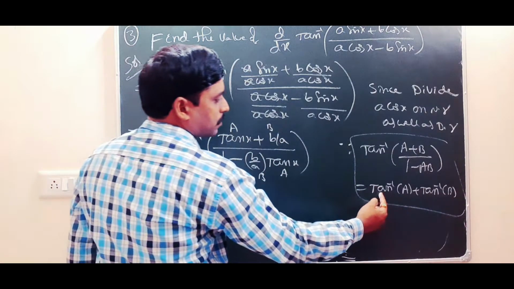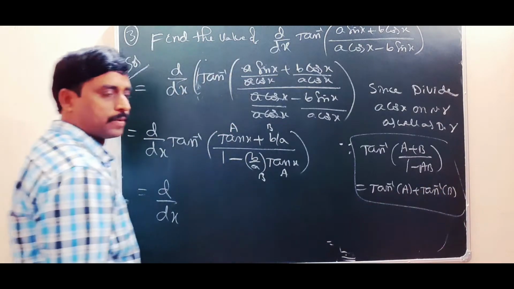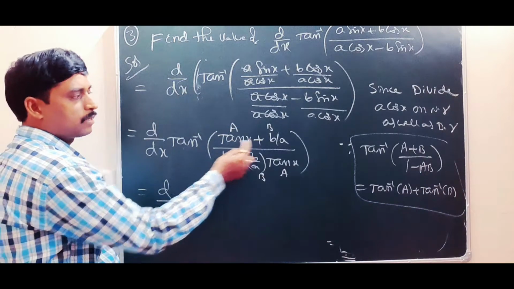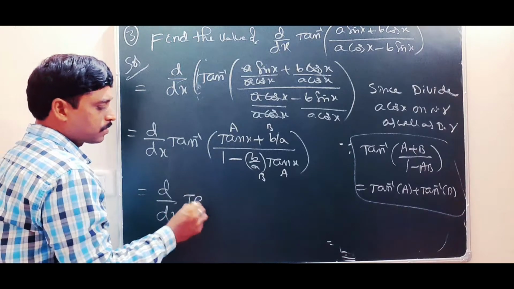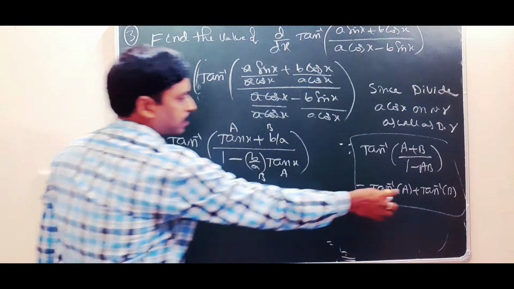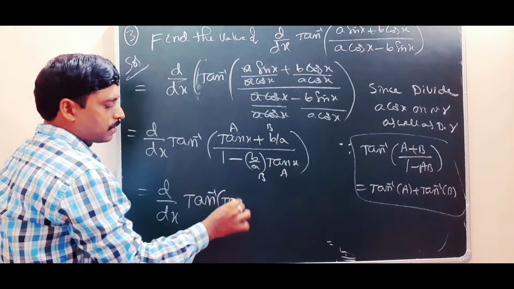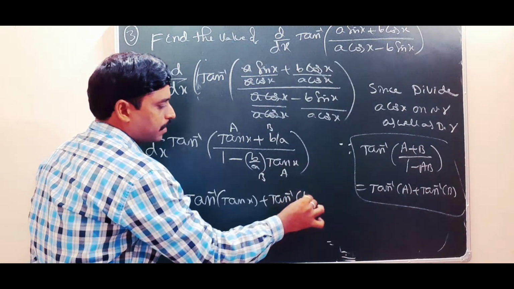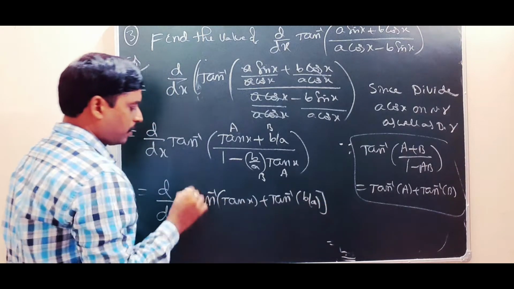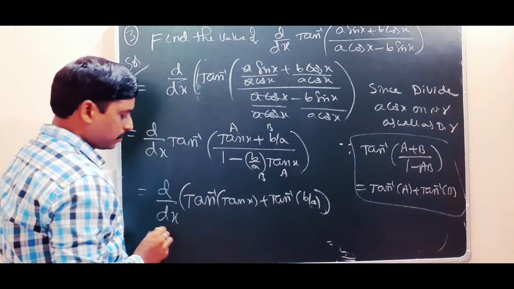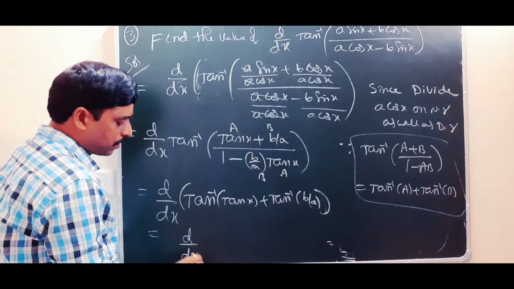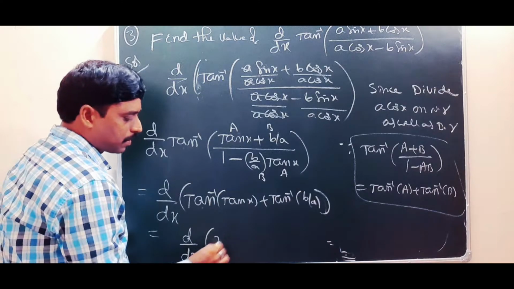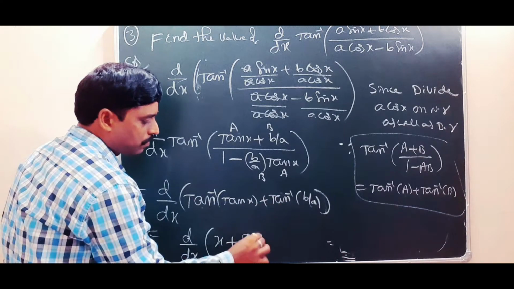We have tan inverse a plus tan inverse of b, where a is replaced by tan x and b is replaced by b by a. Tan inverse of tan x plus tan inverse of b by a. It is going to be, so d by dx of tan inverse of tan x is nothing but x, plus tan inverse of b by a.